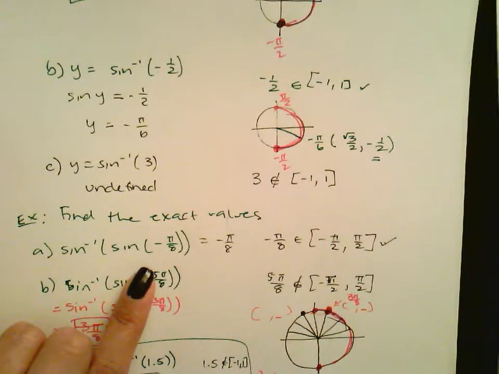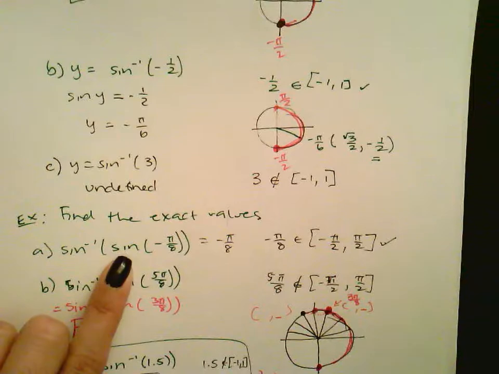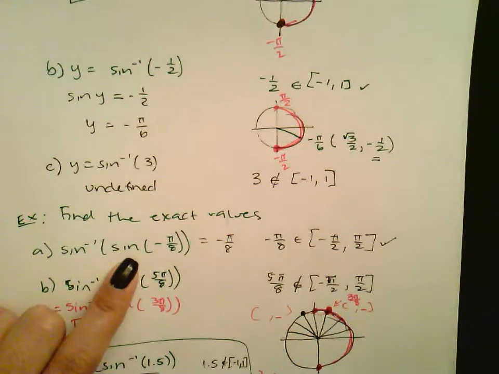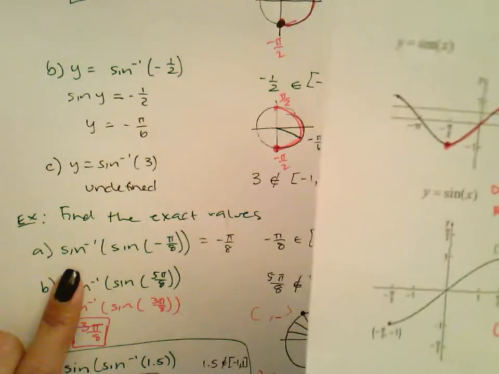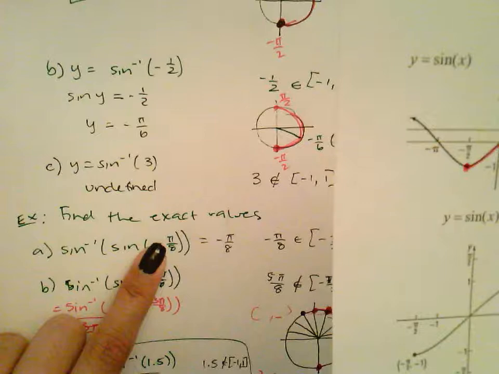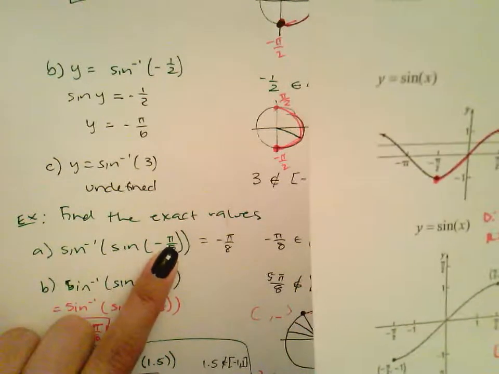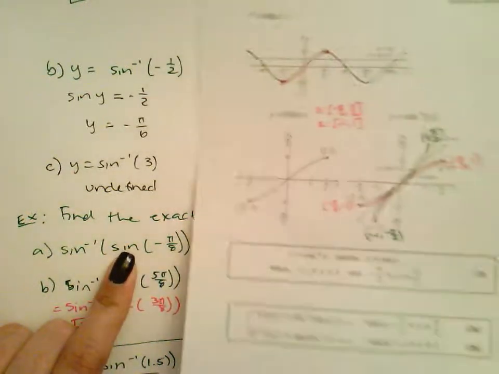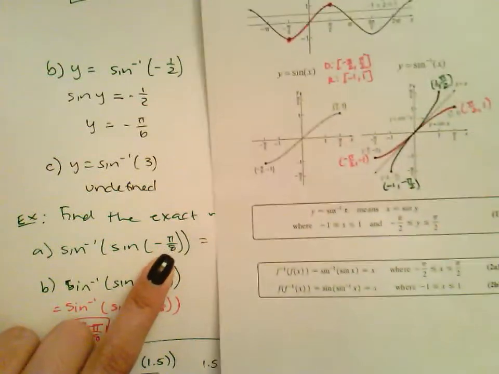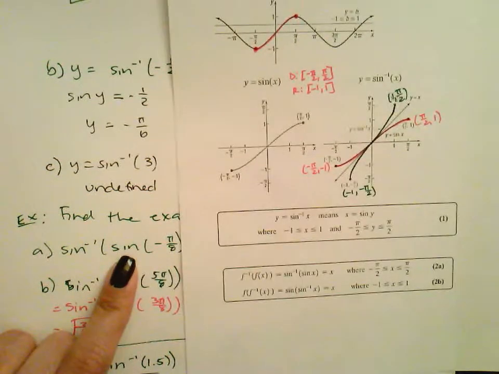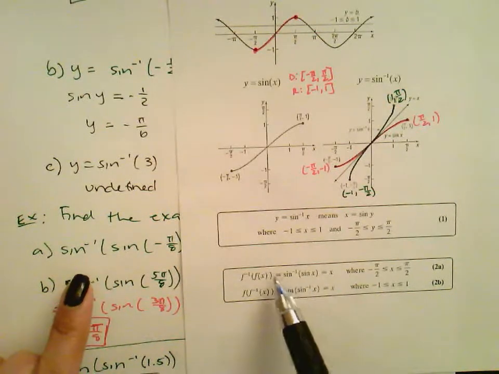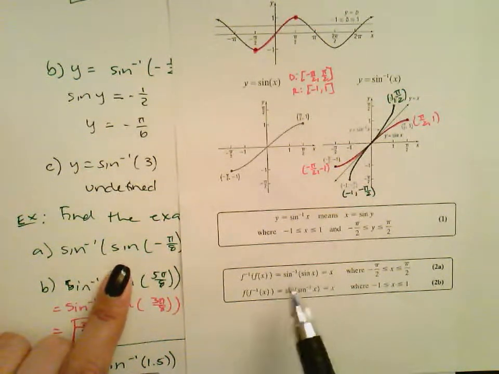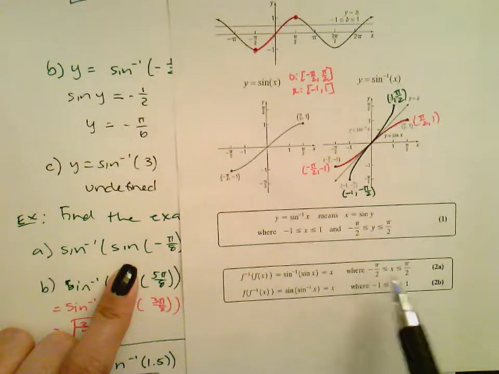remember that whenever you take the f inverse of f of x, it's equal to x only for those x's that are within the restriction of the inner function. So if I take sine inverse of sine of some angle, this angle has to be within the restriction of the sine function, which matches this first row here: negative pi over 2 to pi over 2.